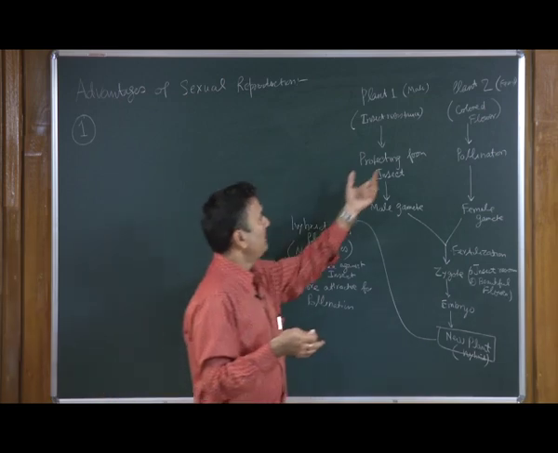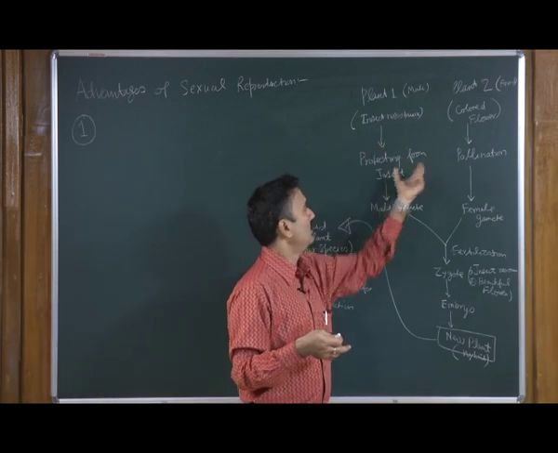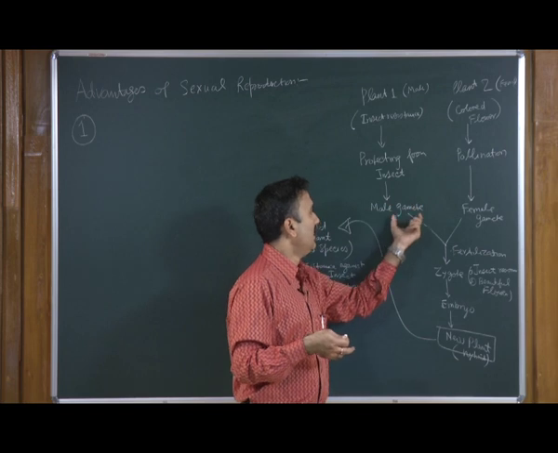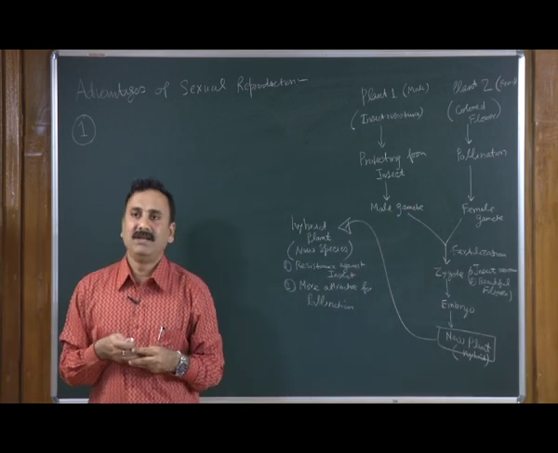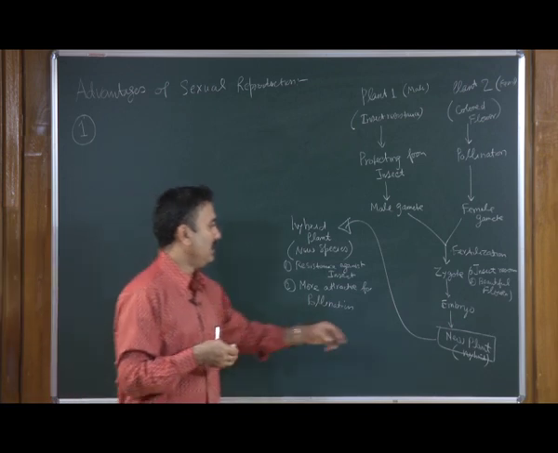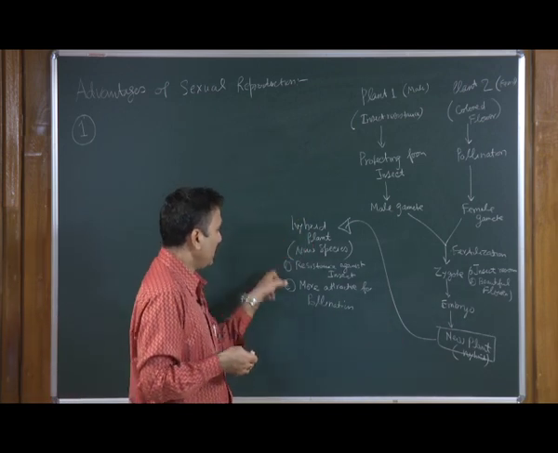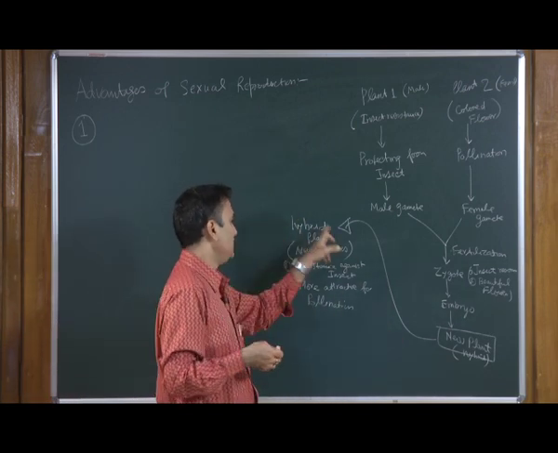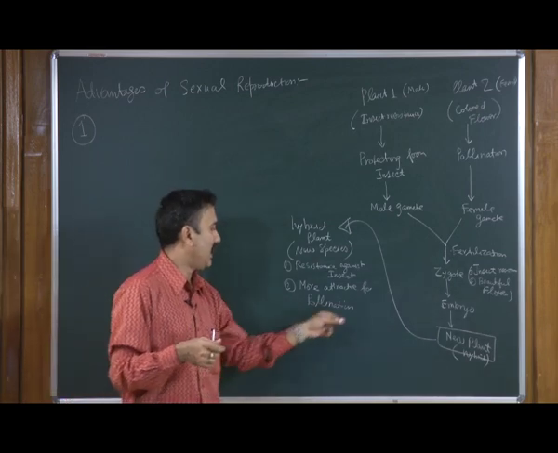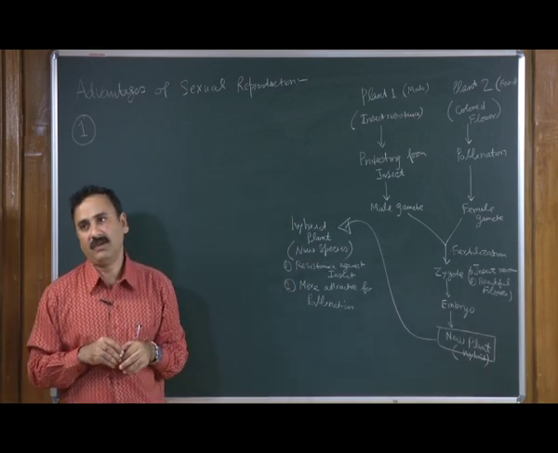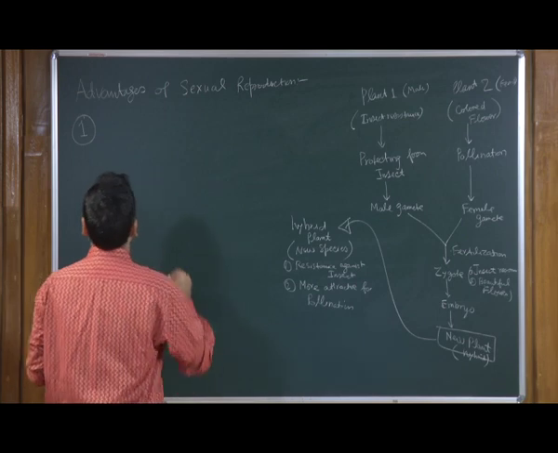But because they can follow sexual reproduction mechanisms, they can generate a hybrid variety, and this hybrid variety can be a new species. This new species will have resistance against insects, and it can also have a very high efficiency of pollination. So, that is the first advantage.